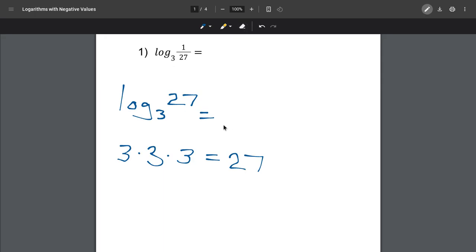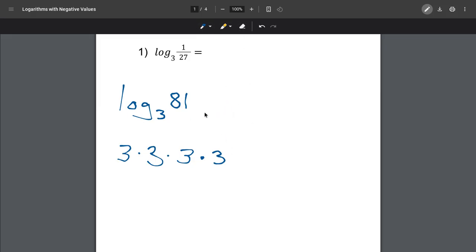Let's mix it up a little bit, and instead of 27, let's say it was 81. Well, then I would have to do 3 times 3 times 3, which is 27, but I would have to multiply by 3 again. So I would have 4 threes multiplied together to get 81. So log base 3 of 81 is 4. I could continue with this.